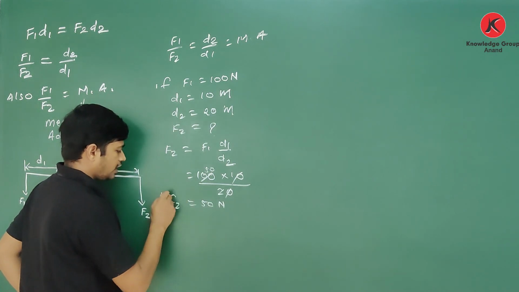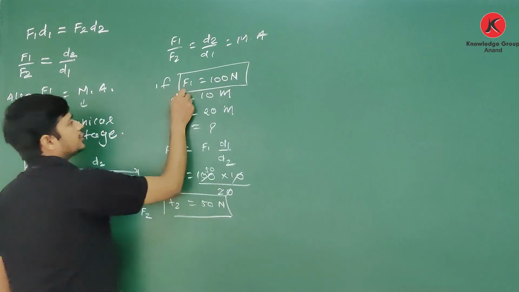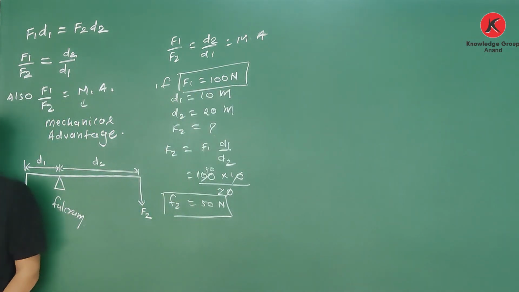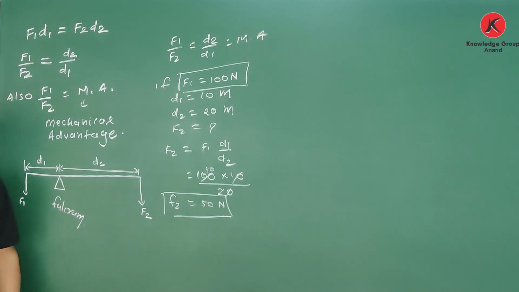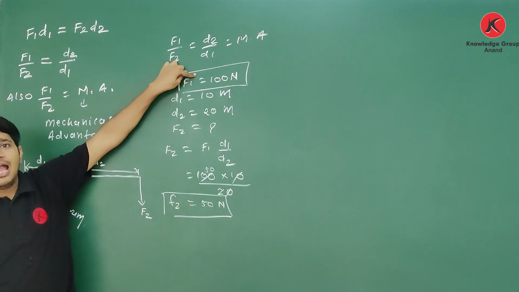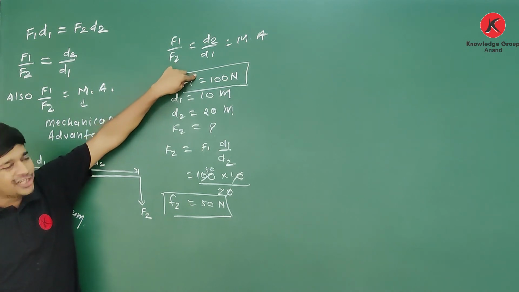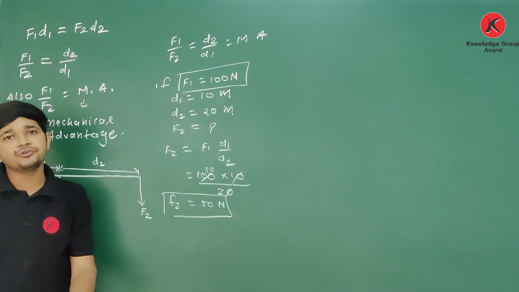What is F2? It is 50 Newton. What is the load? It is 100 Newton. So this is the use of the lever mechanism. If you want to lift an object having a weight of 100 Newton, you have to apply a force of only 50 Newton.